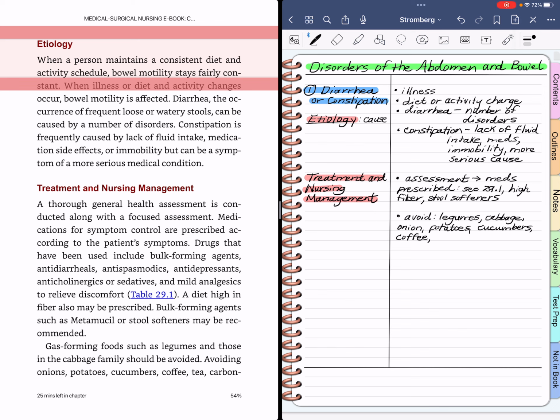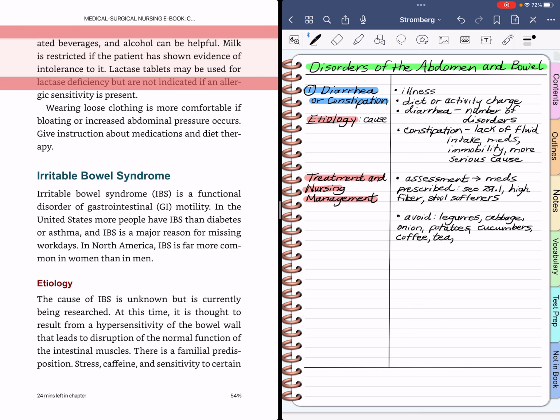Why would we want to avoid coffee, do you think, or tea? As you're listing these things, ask yourself those questions. Why would carbonated beverages be a problem? Why would alcohol be a problem?